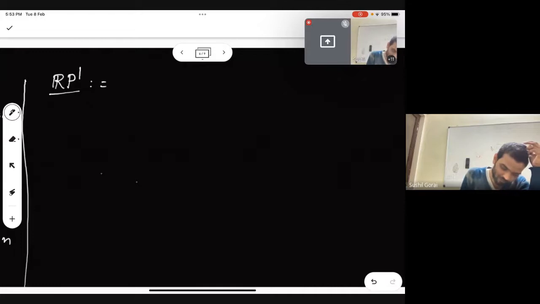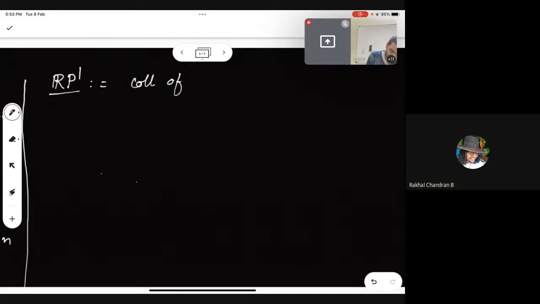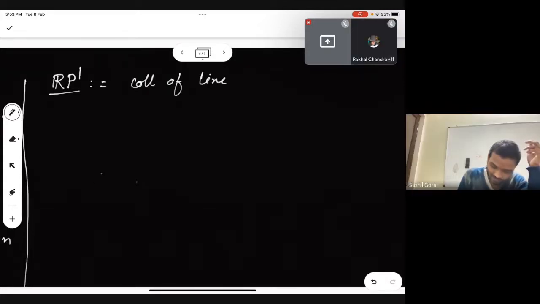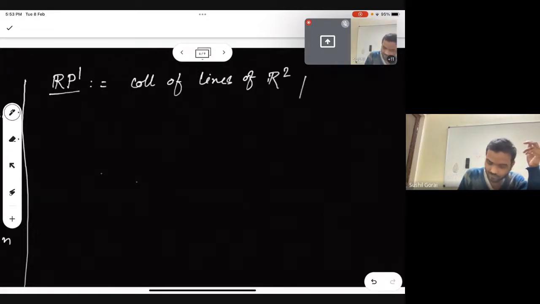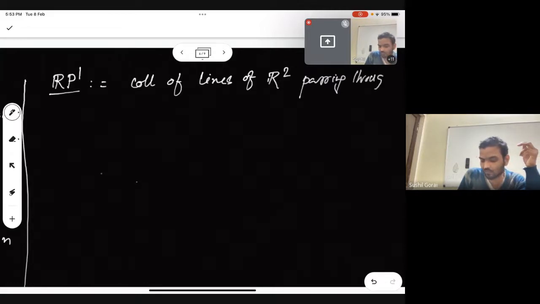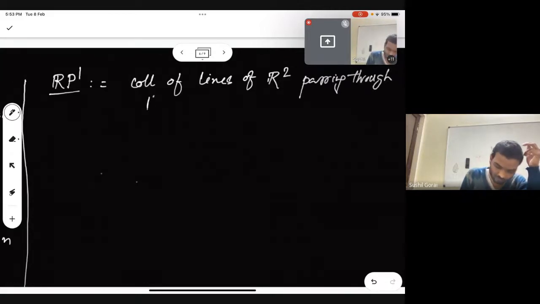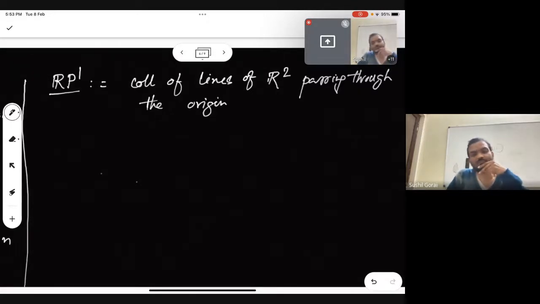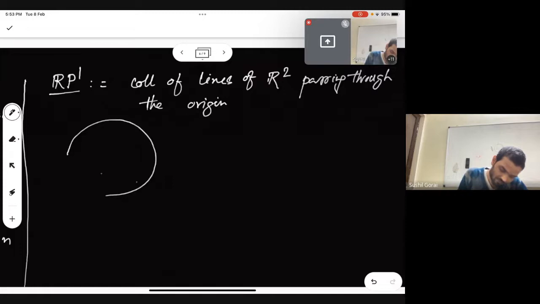It is nothing but the collection of lines of R2 passing through the origin. This is also identified with S1 with the antipodal identification.